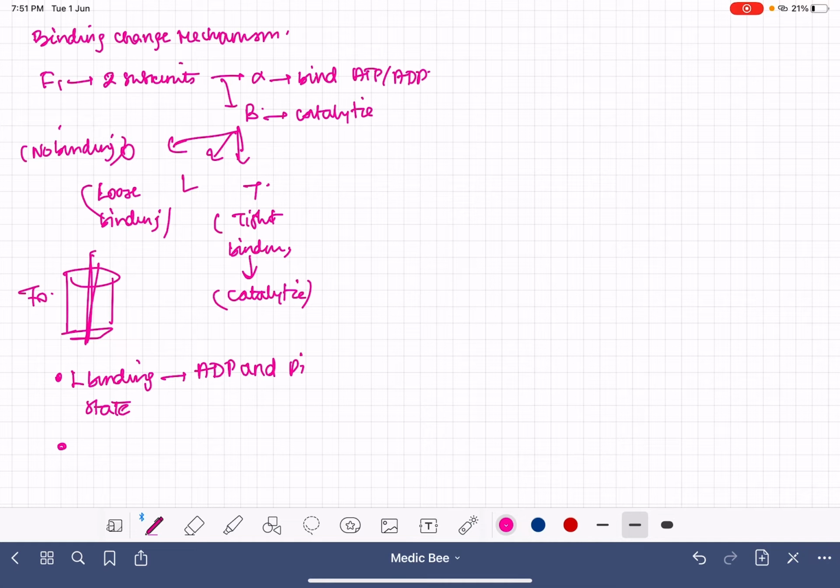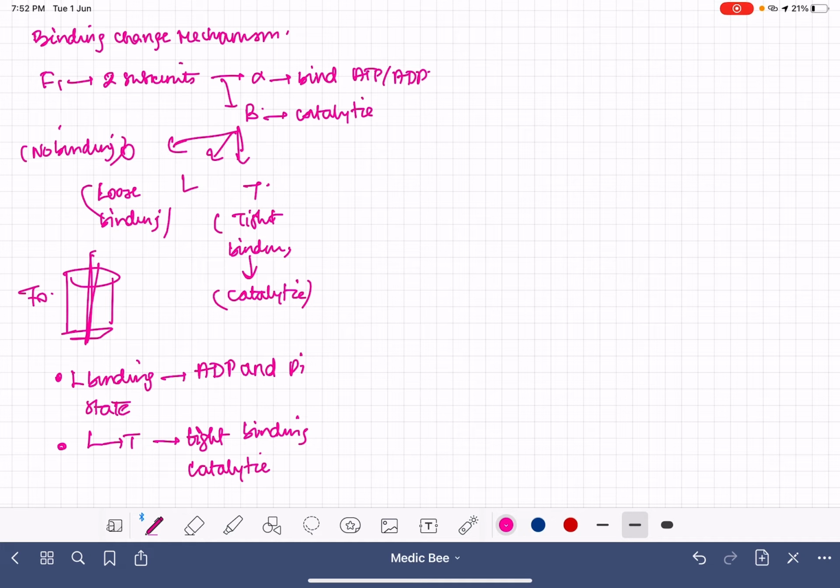Now as the L state is transformed towards the T state, the change in conformation happens because of the pumping back of protons. This pumping back causes the conformation change, which creates the tight binding as well as stimulates the catalytic property.